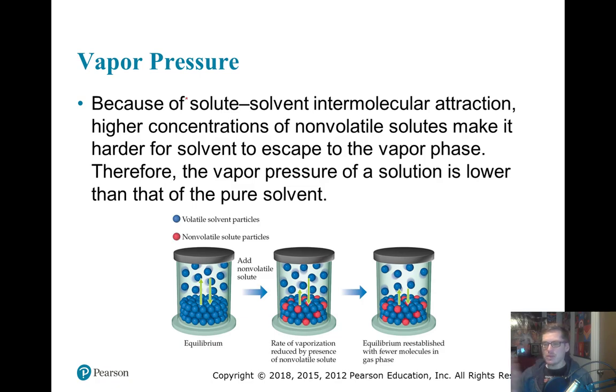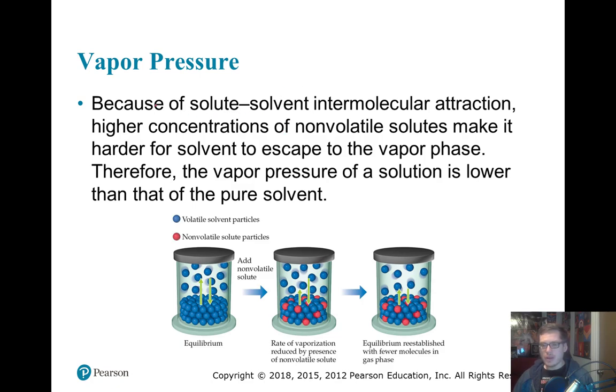If you have an open container, everything's going to try to escape, and eventually everything will evaporate. If you pour water over your kitchen table, eventually it'll all evaporate, even though it didn't boil. Your table's not an oven; it's not boiling, hopefully. But eventually it'll all escape, because of reaching thermal equilibrium and all that stuff.